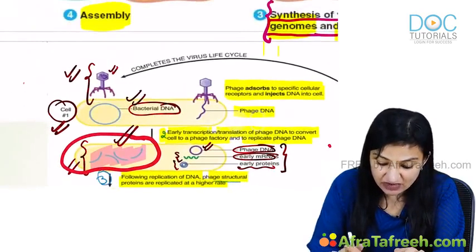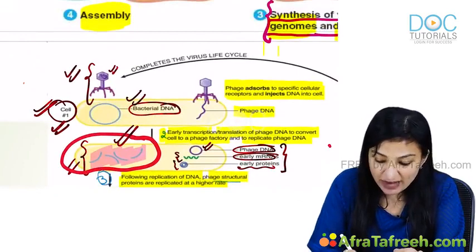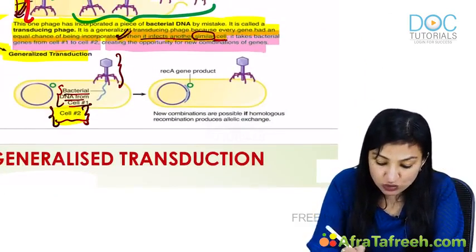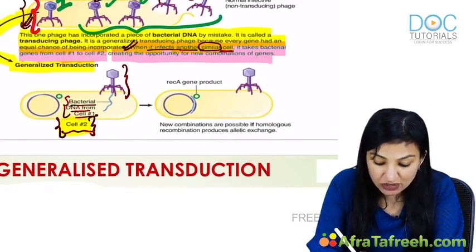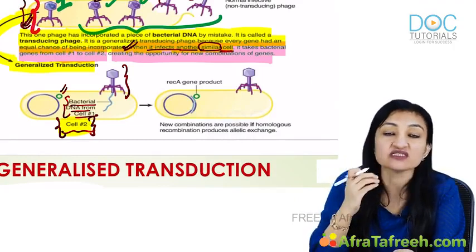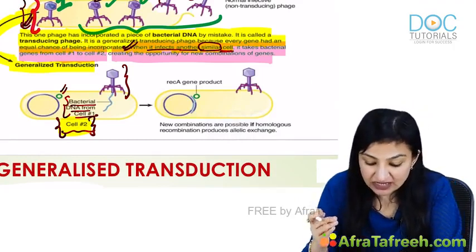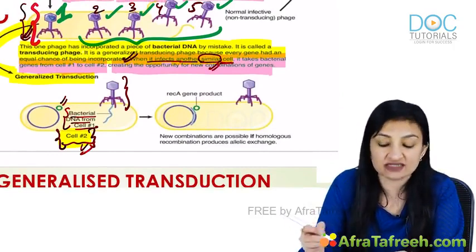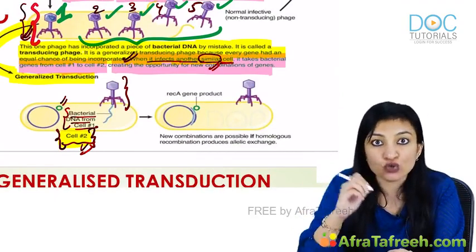Remember, we started with cell 1; I named this yellow bacterial cell as cell 1. Cell number 2 has this green protein, which I told you about while talking about transformation. This is RecA protein or recombinase, and cell 2 is somewhat similar to cell 1 in the sense that its genes are homologous to cell 1.